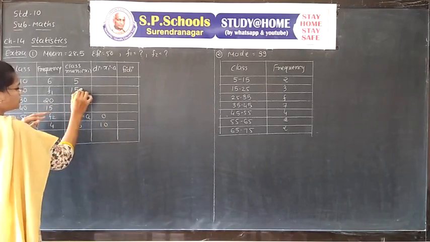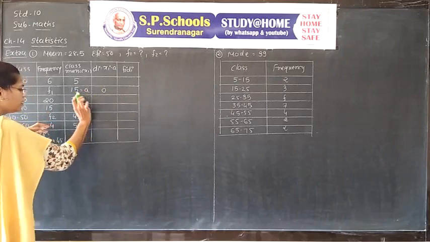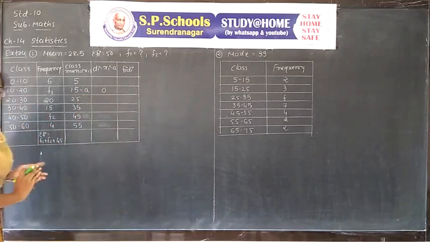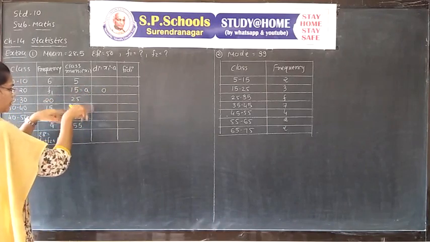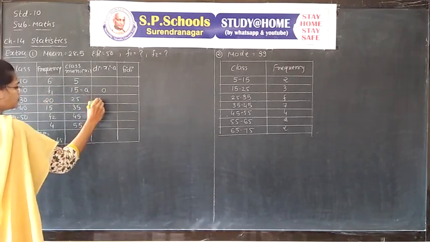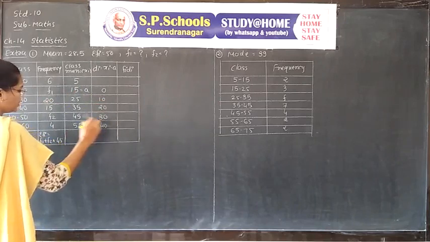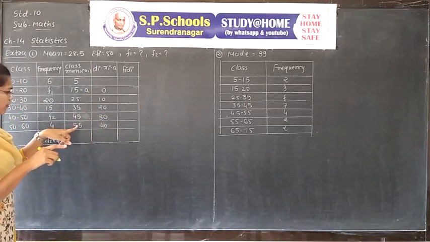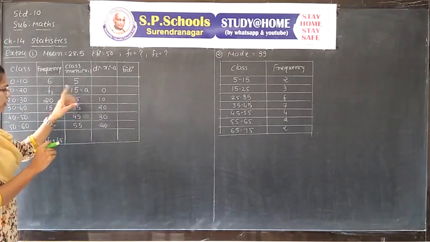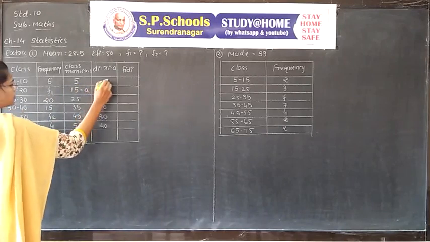If you are using 45 here as a, the negative values are less. If we assume 15 as a, 25 minus 15 is 10, then 20, 30, 40 as per your convenience. Taking 45 as a is also true, 15 as a also true. Xi minus a which is minus 10.